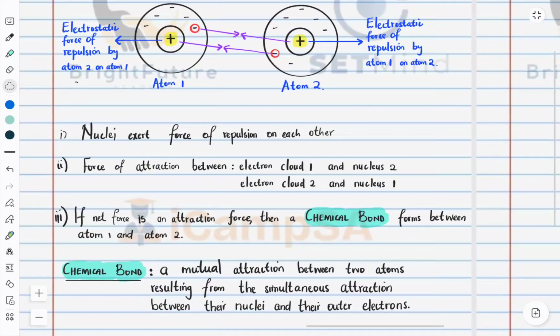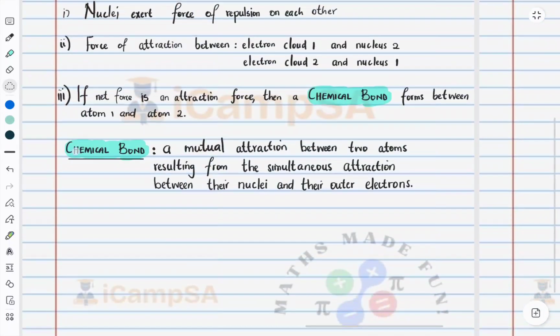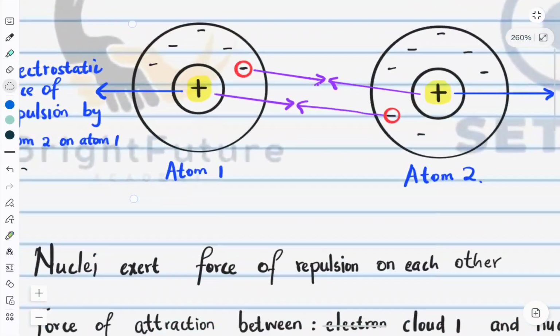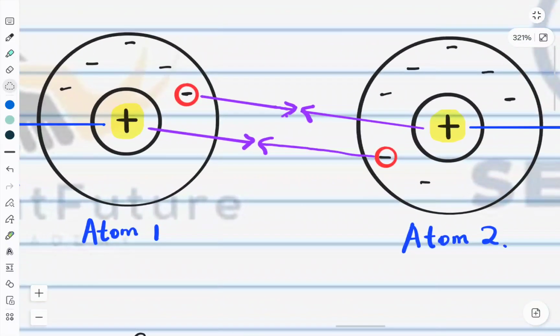All right, so now what I want to show you is that once they have bonded, they are separated at a certain distance from each other. The way we measure that distance is we check how far their centers are from one another.